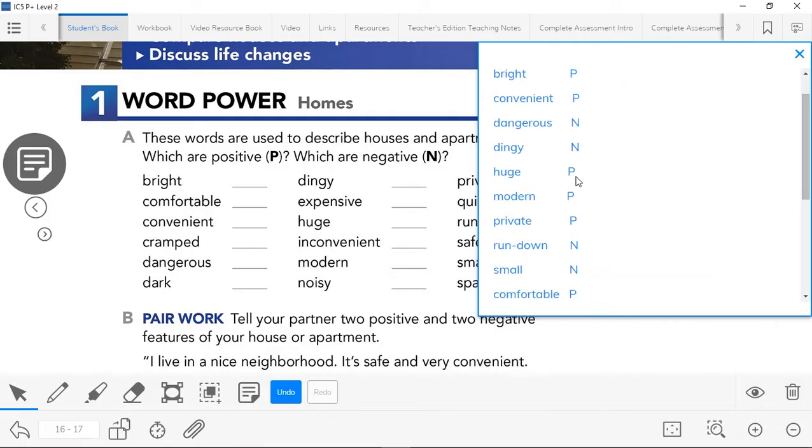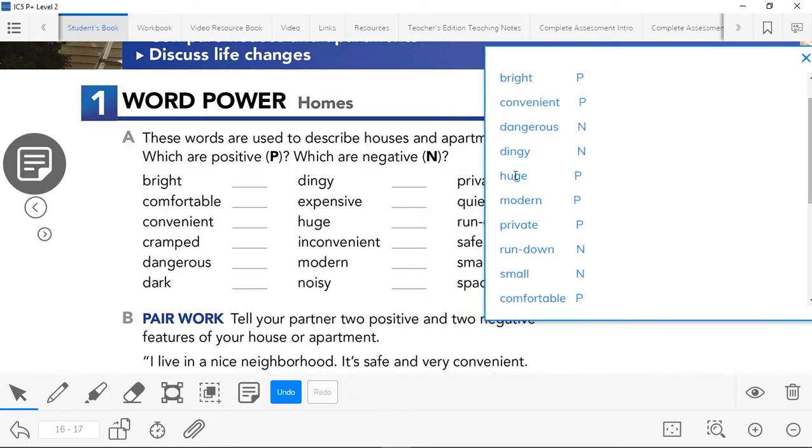Huge, it's positive. Well, in my case, I would say it depends, because maybe it wouldn't be so good for you to be huge, but usually huge is positive. Modern, it's positive, also depending on what you want. Okay, private is positive. Rundown is negative.